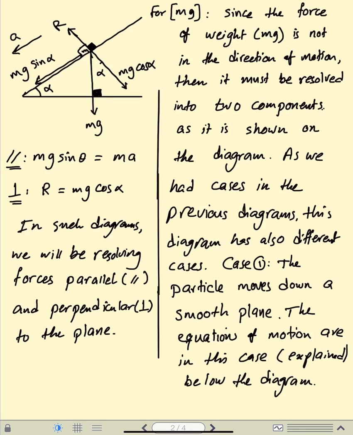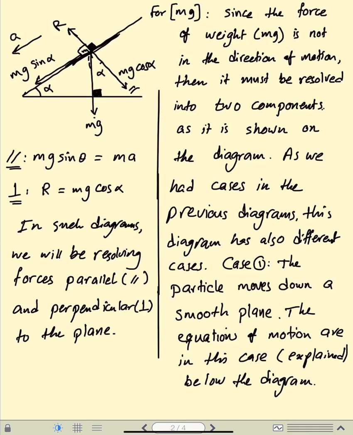Okay, in this case, my dear students, since the weight is not in the direction of motion, it must be resolved into two components, one adjacent, one opposite.